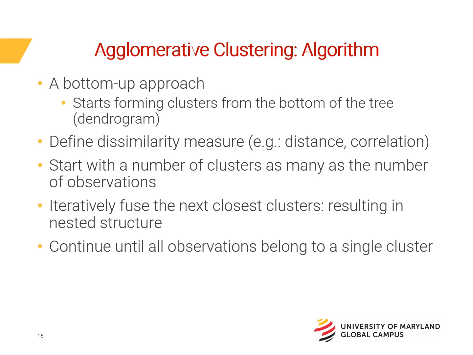Here are the steps. The first step is initialization, so each data point is considered a separate cluster, okay? And then you start merging. That means you compute the distance between every pair of clusters, and then you find the closest pair.